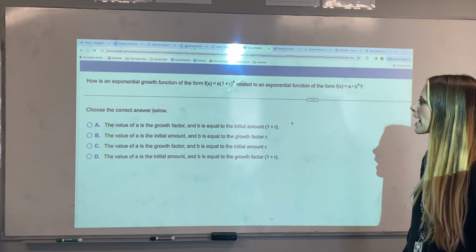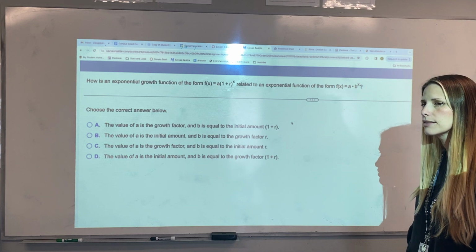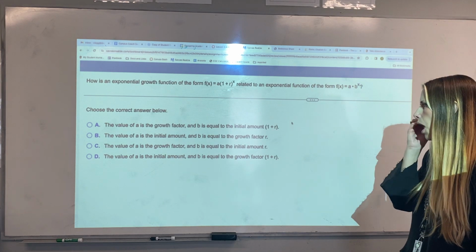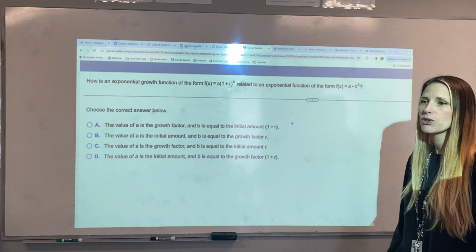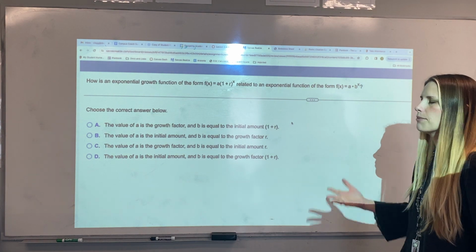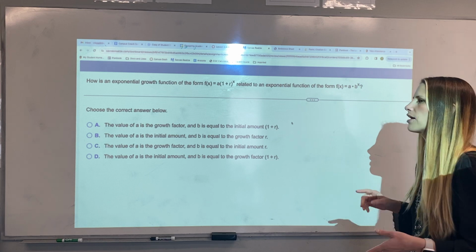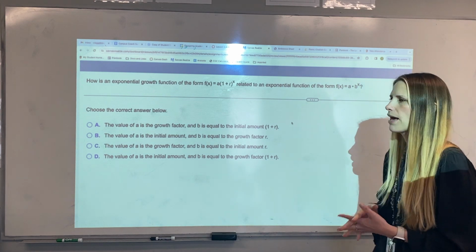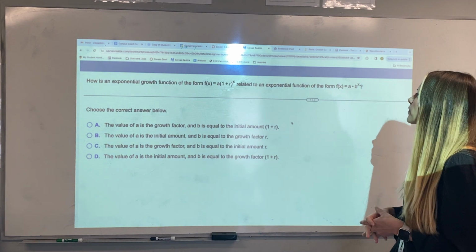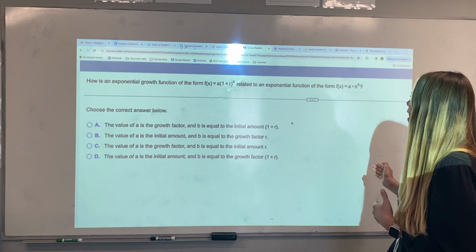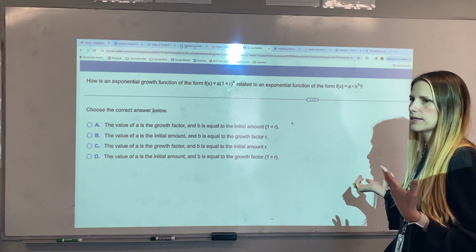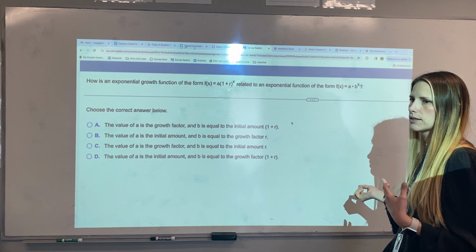They both have a, and what does a represent? You can check your notes. The initial value or initial amount. You can call it starting value, beginning value, initial value, starting amount, initial amount. So they both have a as the initial amount, right?